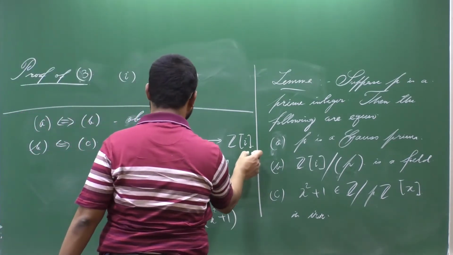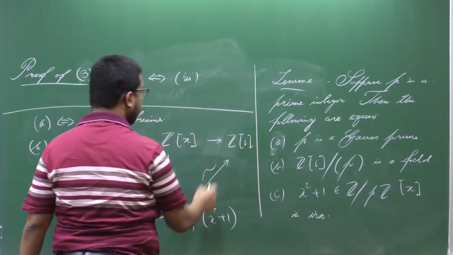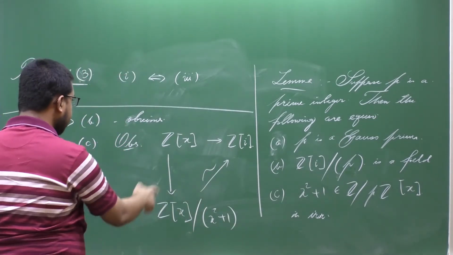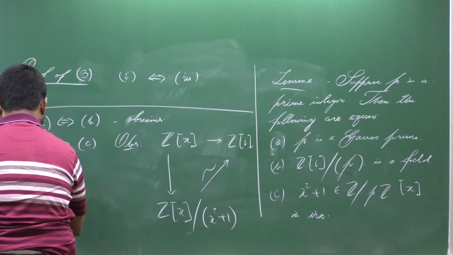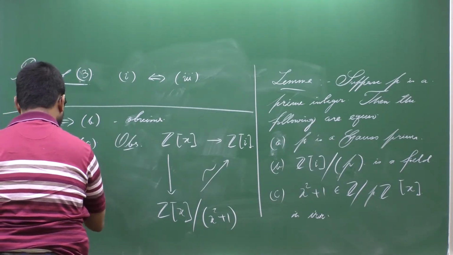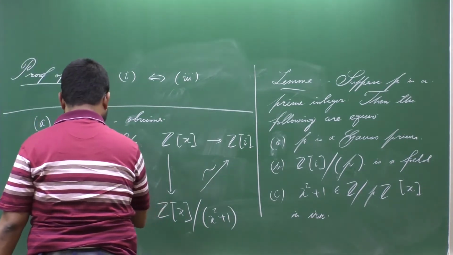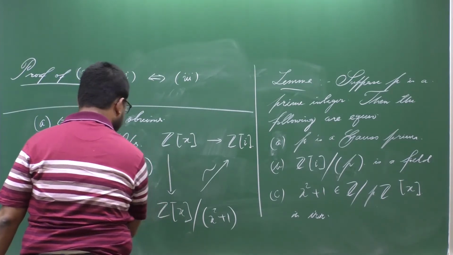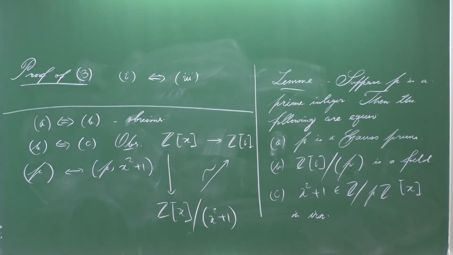Now, if we take the principal ideal generated by p here, what is going to be its pre-image? The pre-image of p is basically the ideal generated by p and x square plus 1, this is the ideal inside Z[x].